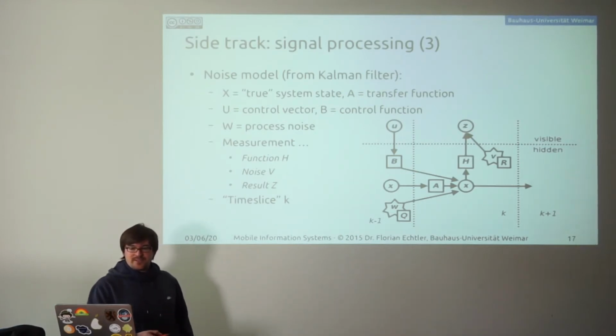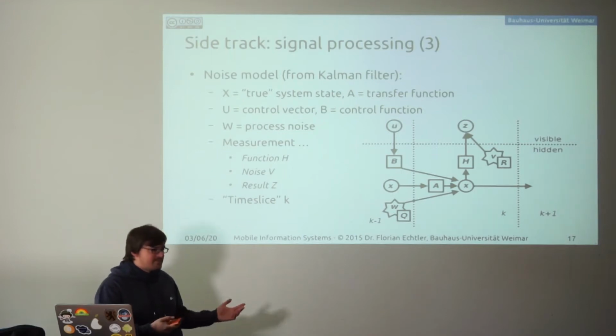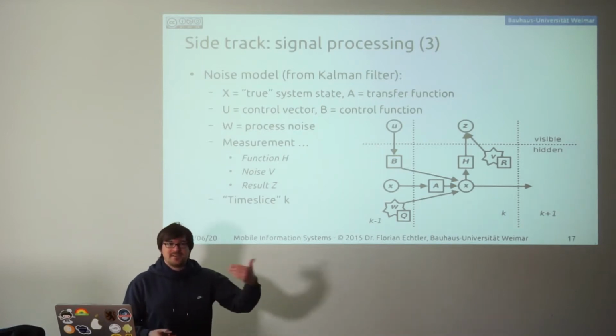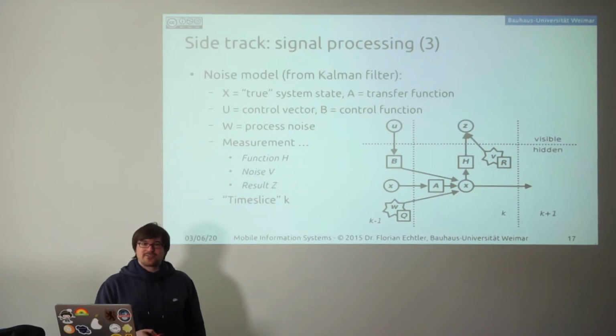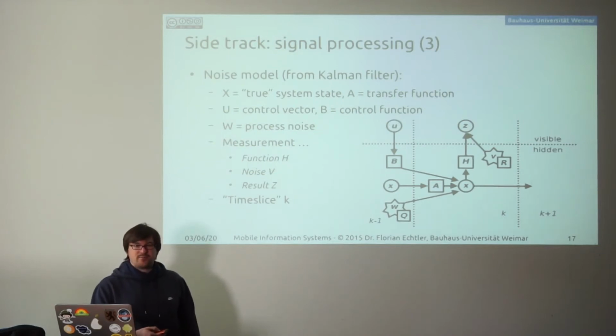We also have this control function. So this is something we can actually control. We have influence over. And through some function B, this also influences the state of the system in the next step. Then we have the process noise, which is actually like physically present motion, for example, that however we don't actually want to measure.